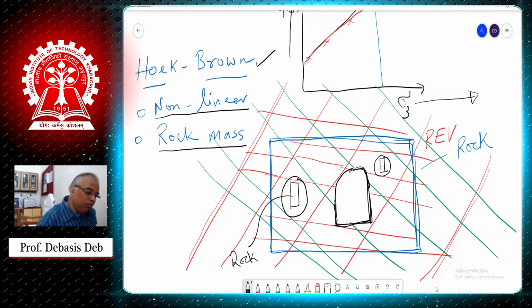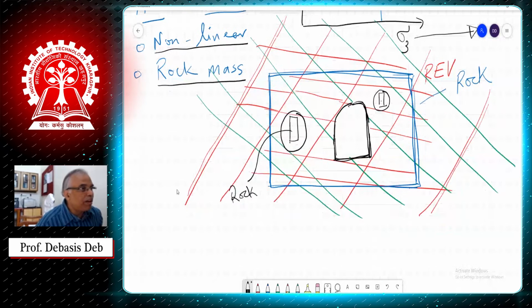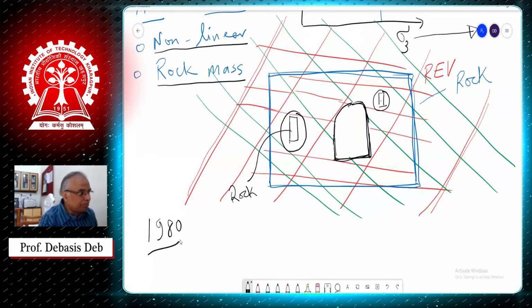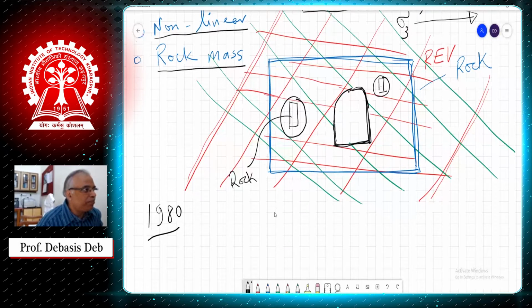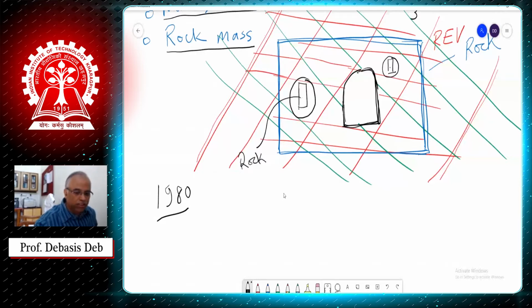Now, the Hoek-Brown criteria has started, or the first version was given in 1980, and the last version also, something has come in 2018, but it is the same as 2002, so it didn't change though.